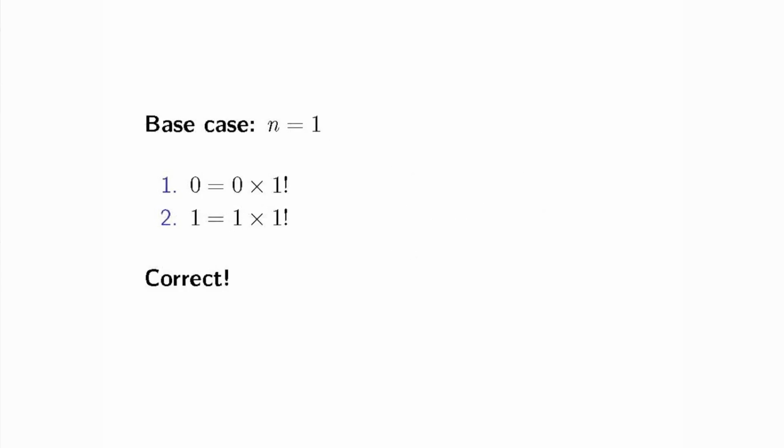So for the base case, n is equal to 1, so we want to show that 0 and 1 can be expressed in this form uniquely. Then 0 is equal to 0 times 1 factorial, and 1 is equal to 1 times 1 factorial. So this is correct.